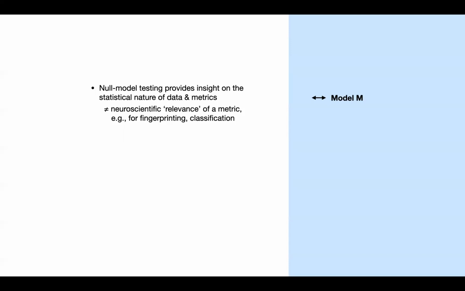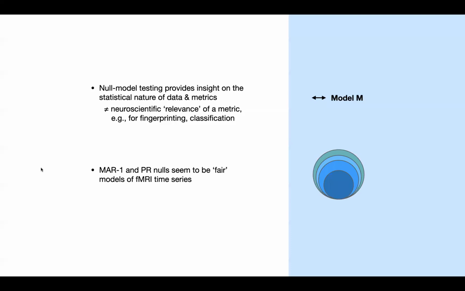Here I'm talking about comparing original and surrogate data, not about relating a metric to behavioral information, for example. Just describing the nature of the metric by comparing original to surrogate is not going to be informative about the relevance of that metric.